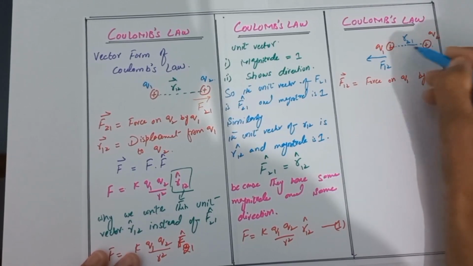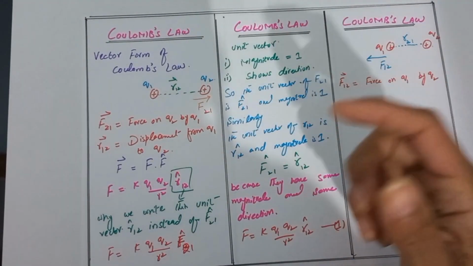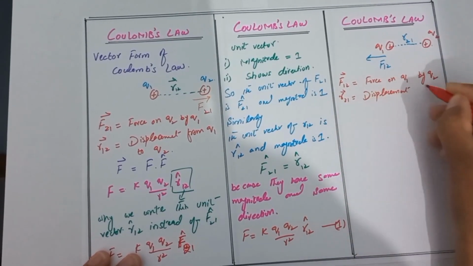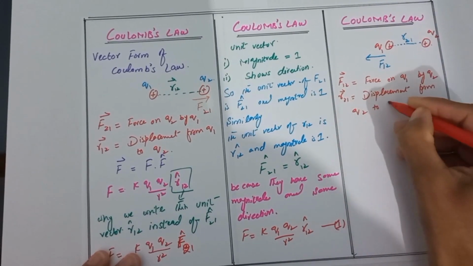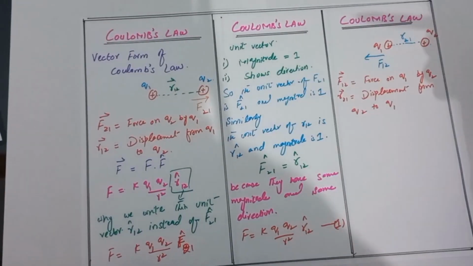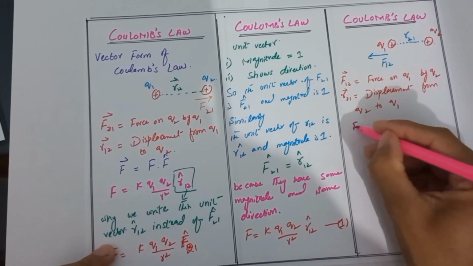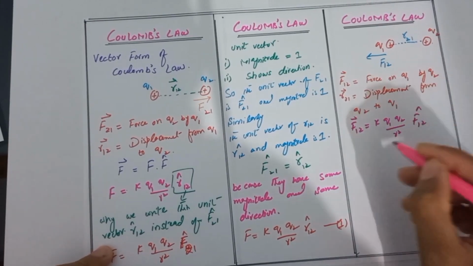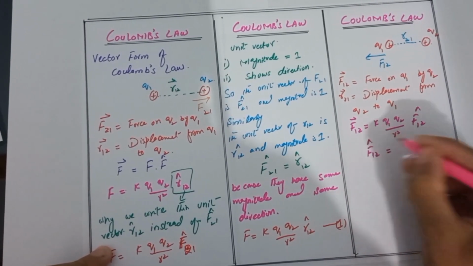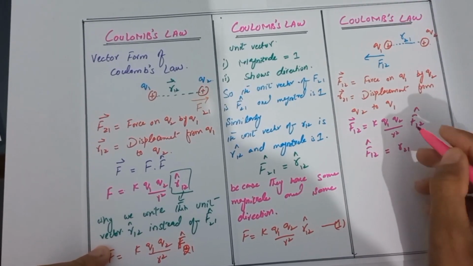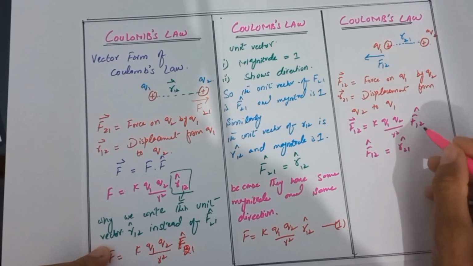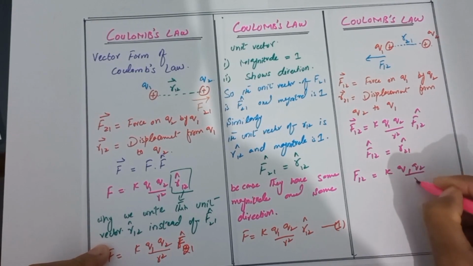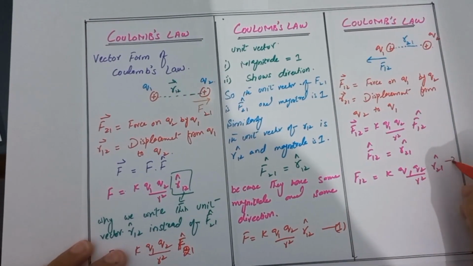R21 is the displacement from Q2 to Q1. I will write this equation in vector form: F12 is equal to K Q1 Q2 upon R square into the F12 unit vector. The F12 unit vector and R21 unit vector are equal, so we can write R21 instead of F12. This is equation number 2.